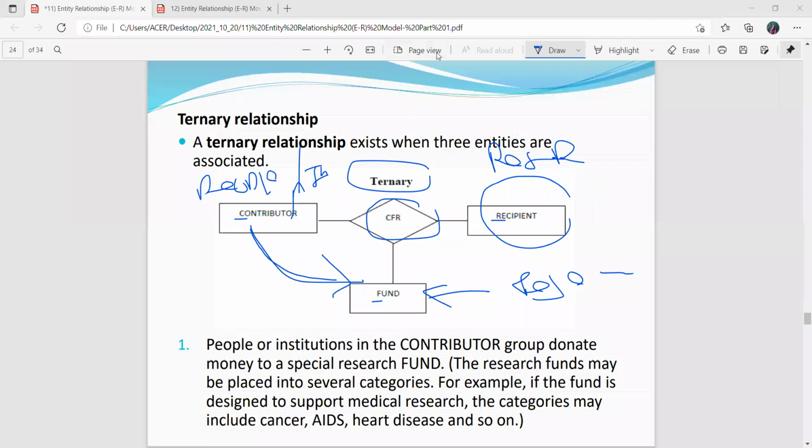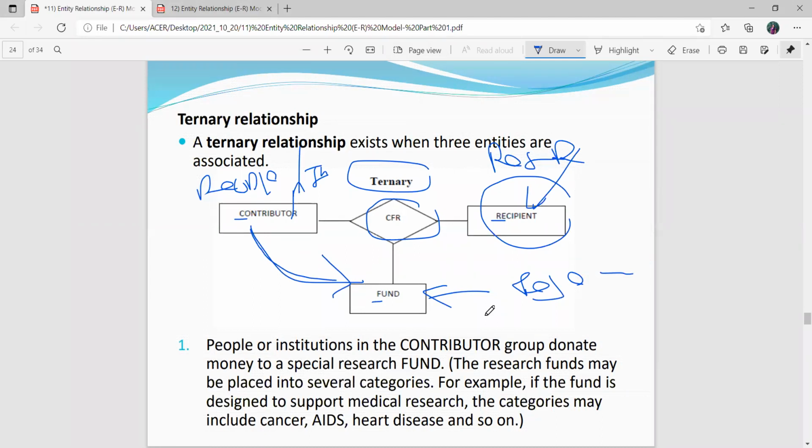So you can see again, there is a question asking to explain it again. There are three entities participating to form a relationship: contributors, the fund and the recipient. The contributors donate money for the fund, and the recipients, that means the researchers, belong to this recipient category. The researchers use this fund for their research work.